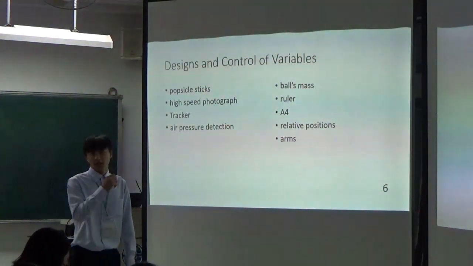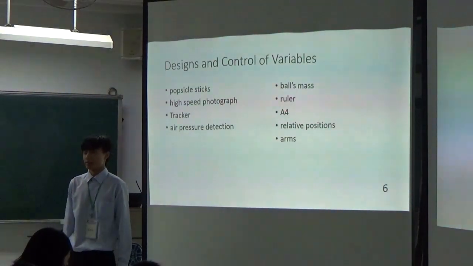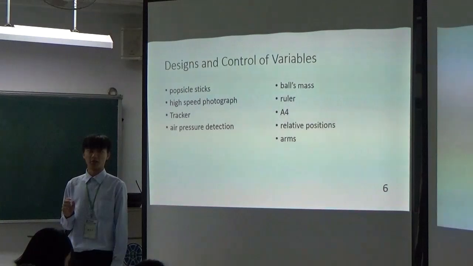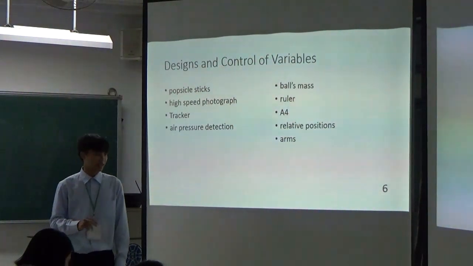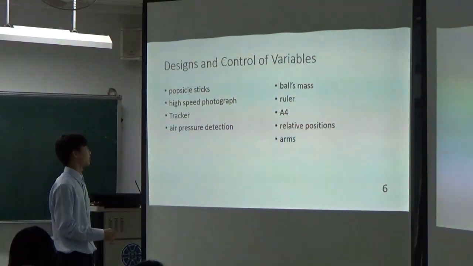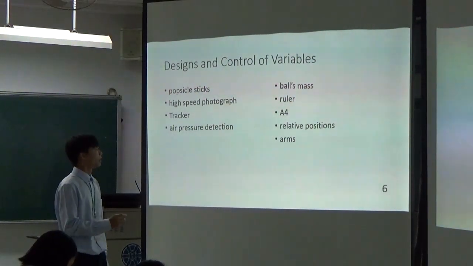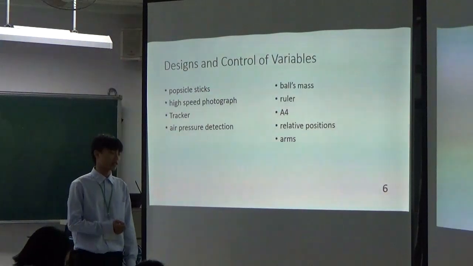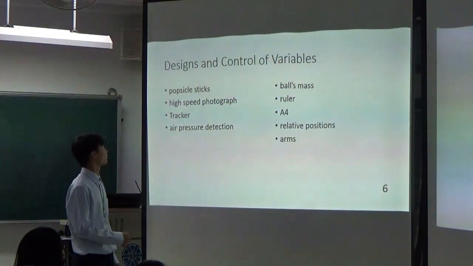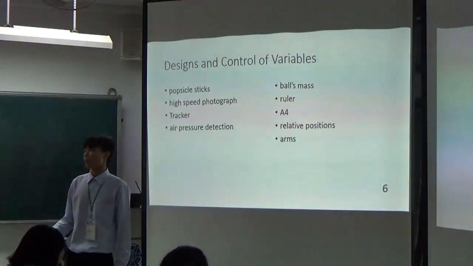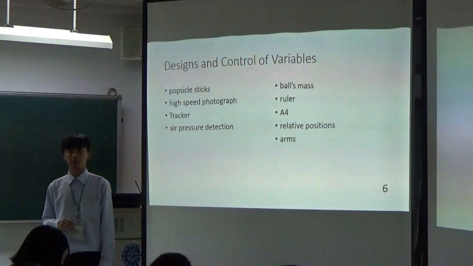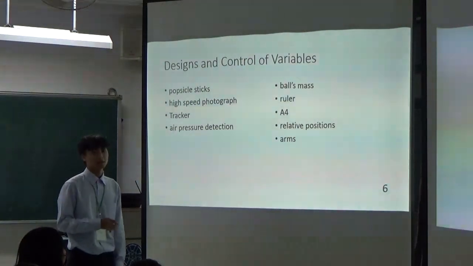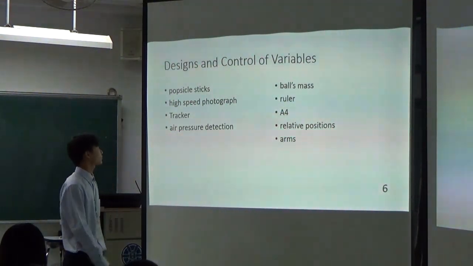The design we made is a square fixture made of popsicle sticks. It prevents the ball from moving around. Then a person holds another stick underneath and gets ready to set it free. Next, we use a high-speed camera to record the whole process and then analyze it through Tracker.